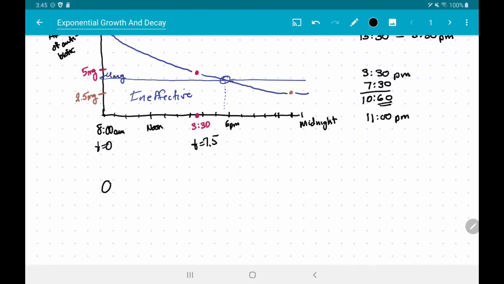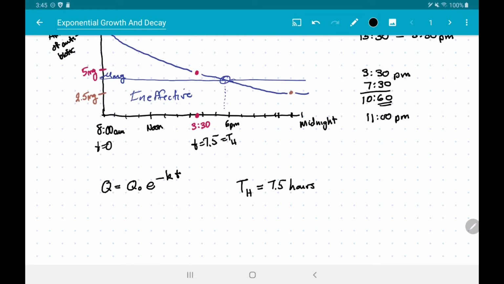We are told that this drug experiences exponential decay. So there we go, exponential decay formula. We are told that the half-life is 7.5 hours. So that's the half-life on the t-axis.